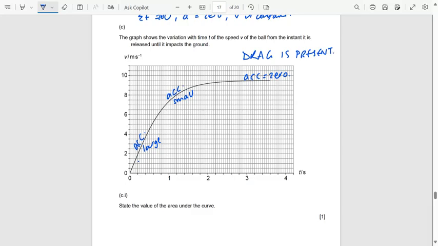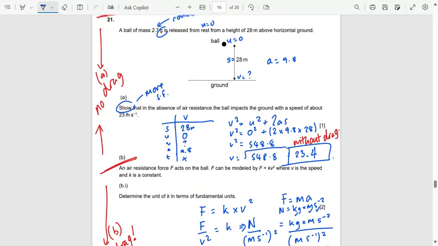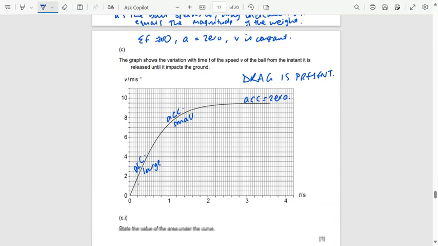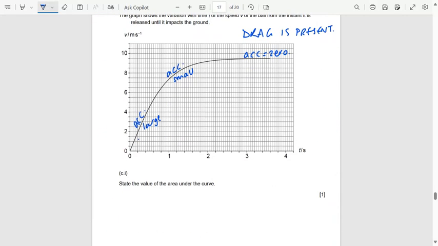So this leads on from B, where drag is present. It is not A. Now some people, when they were trying to find the speed for this question, were using the 23 that they'd found previously, but that was when there was no drag. You cannot use that, okay? State the value of the area under the curve.